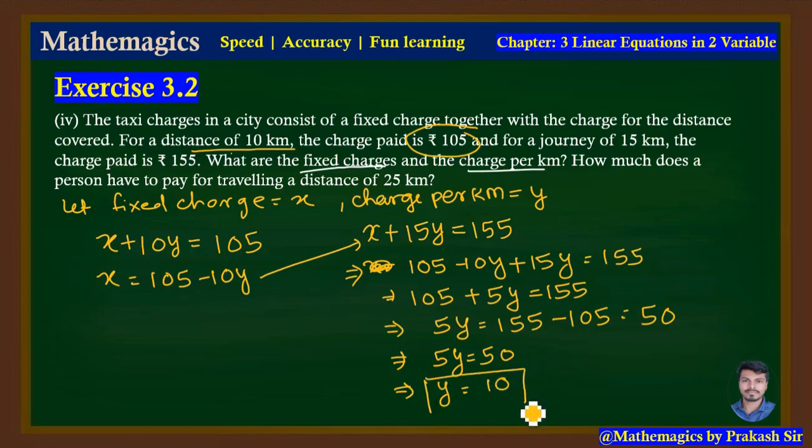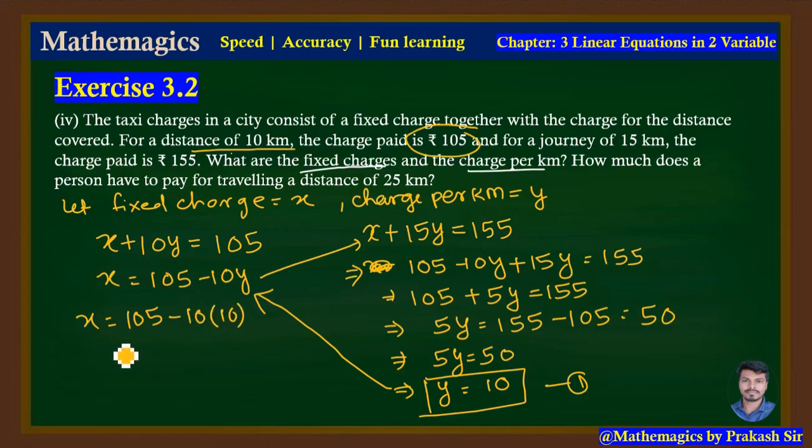So here we got y is equal to 10 rupees. This value again I am putting here. So x is equal to 105 minus 10 into y, which is 10. So 105 minus 10 tens are 100. Hence the result is 105 minus 100, which becomes 5 rupees. That is x.